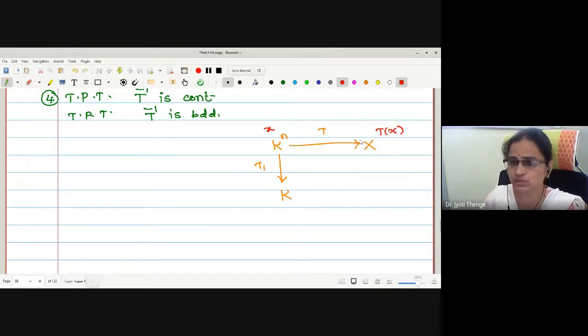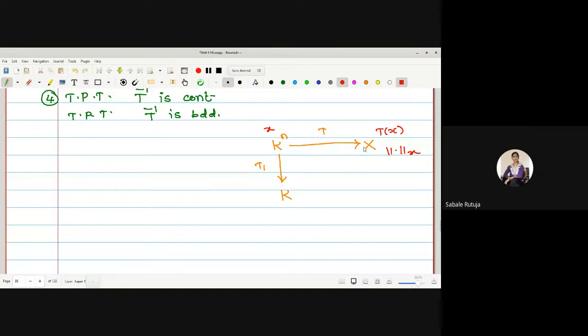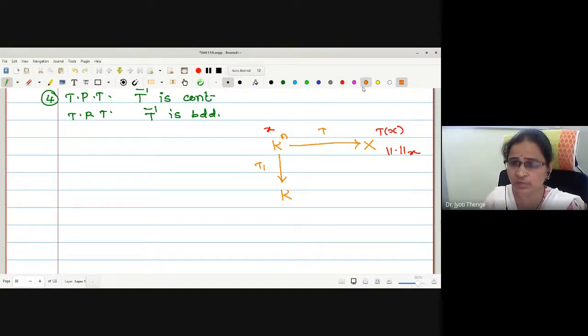We know the norm defined on this X space is norm X. So from X to K, the mapping defined is norm X. Then what is the image of T of x under norm X? Is it norm X of T of x?